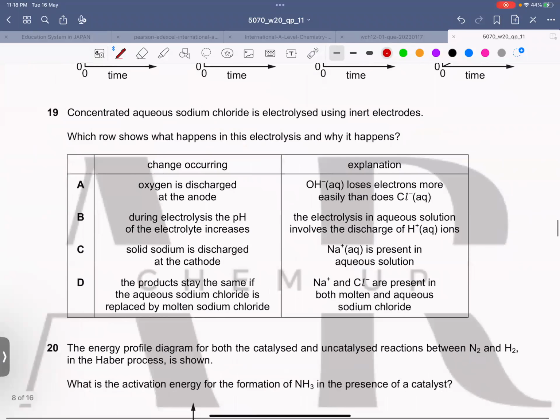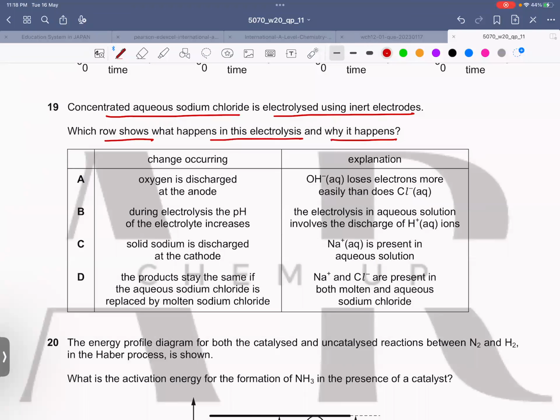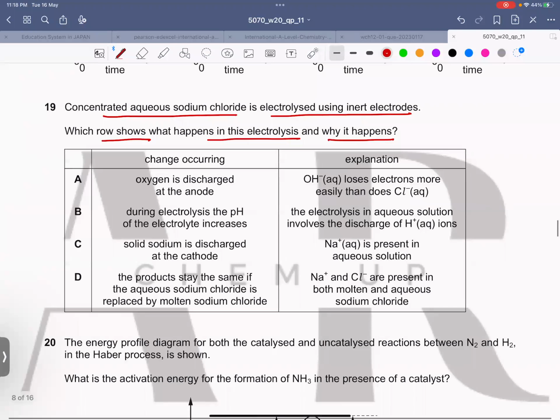Question number 19. Concentrated aqueous sodium chloride is electrolyzed using inert electrodes. Which row shows what happens in this electrolysis and why it happens? Can anyone of you identify the correct answer? It's concentrated, and in the case of concentrated solution, we have sodium ions, chloride ions, hydrogen ions, and hydroxide ions.